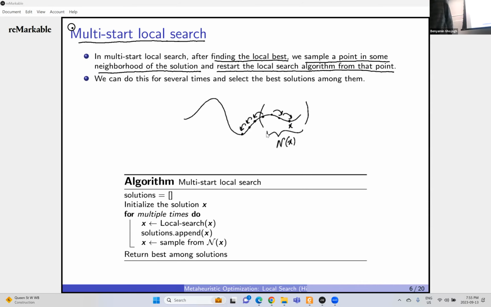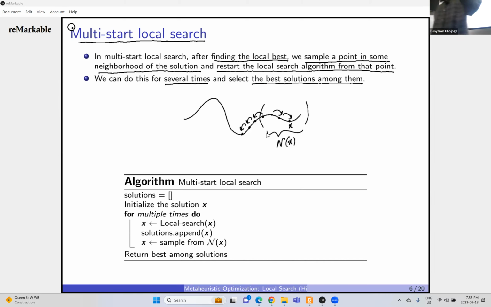As the algorithm is, we can do this several times, by the way, and select the best solutions among them. So simply it means that whenever I do some local search, and the local search says that this is my best solution, I say, okay, let me start another local search from a point around this local best.